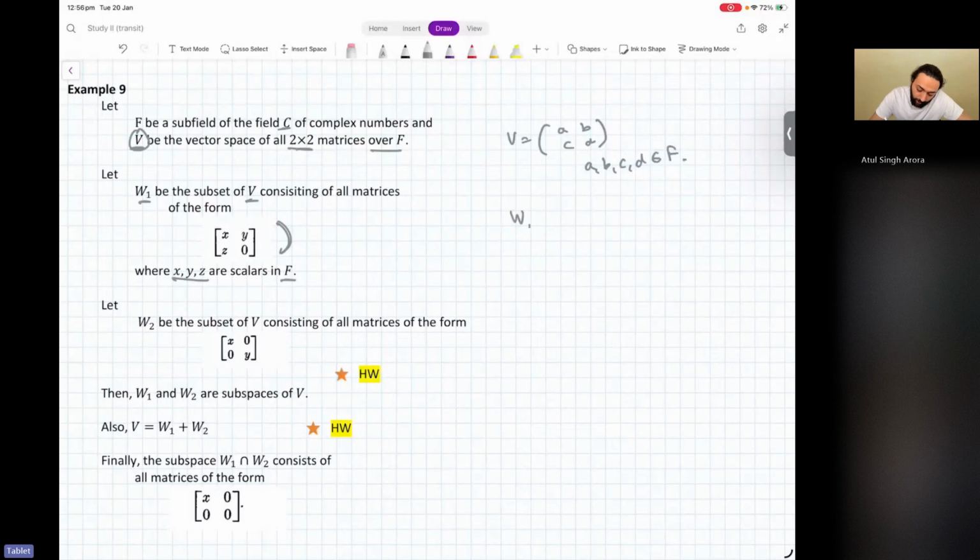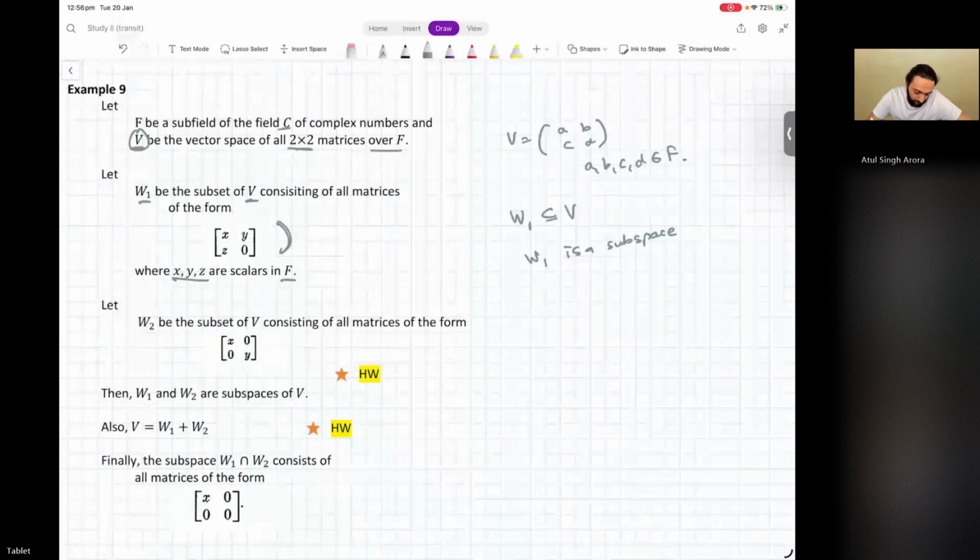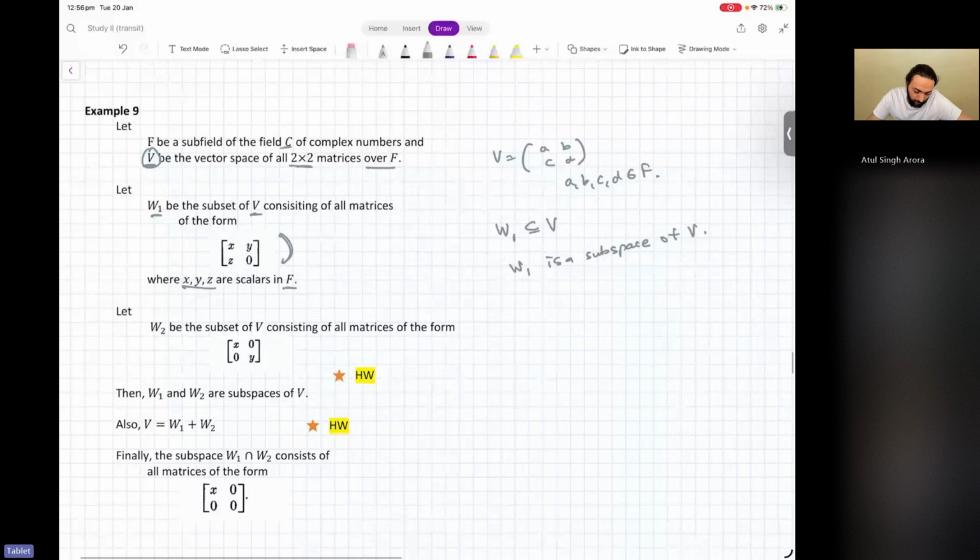Can you see that W1 is at least a subset of V? Right. And now we want to prove that W1 is a subspace. So how would we do that?